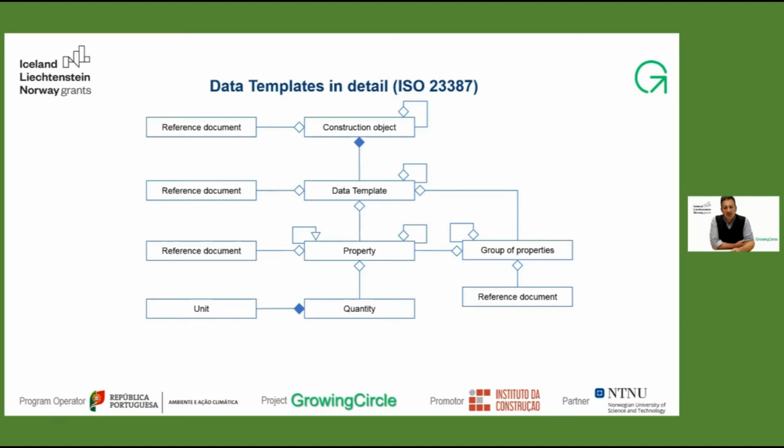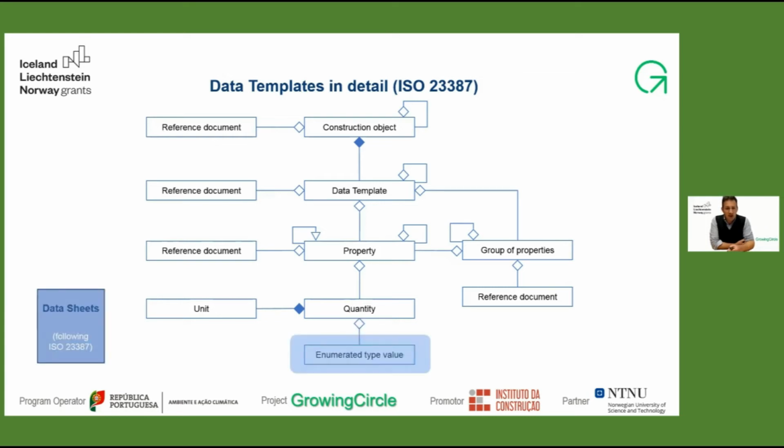Properties can exist in groups of properties, and each property has a quantifier or measurement convention with its units. For the case of a specific product, values are addressed to the properties, and the set of values filled in for the different properties generates a datasheet in accordance with the ISO standard.